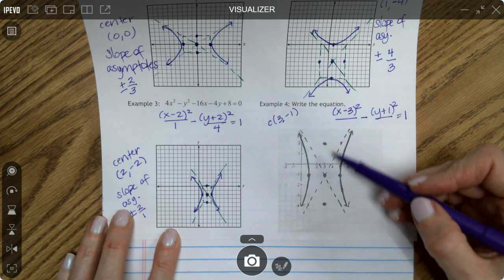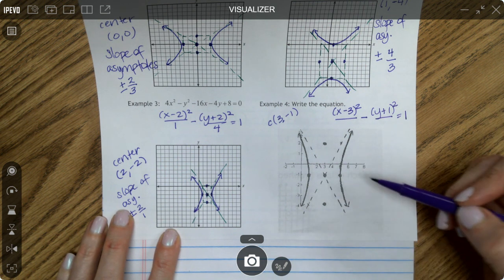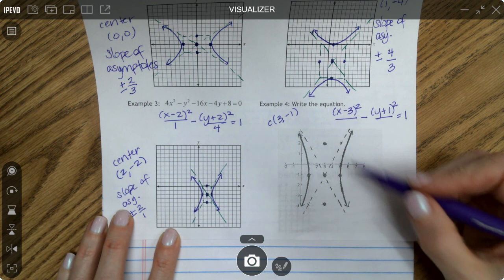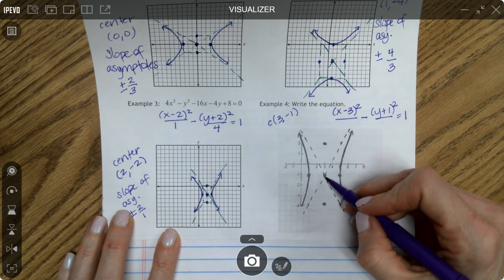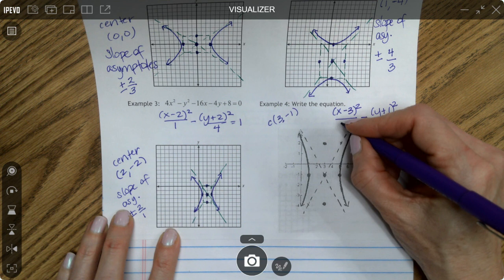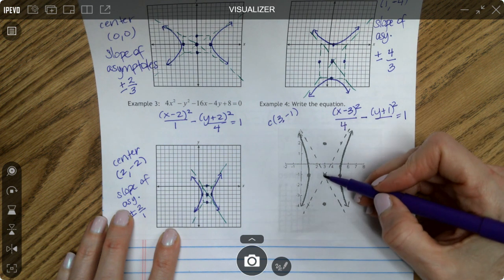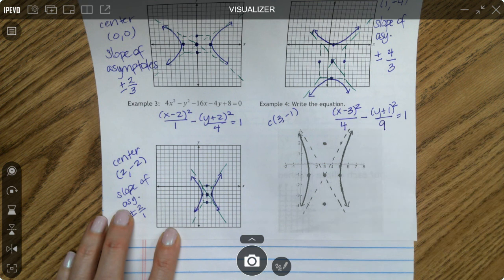And then you either have the vertices drawn or you'll have the box drawn in, but you can see here I went 2 to the right and the left in the x direction, so 2 squared is 4, and it looks like I went 3 above and below, and 3 squared is 9. So that would be the equation.